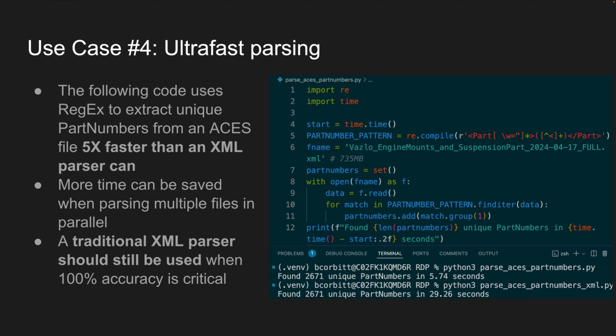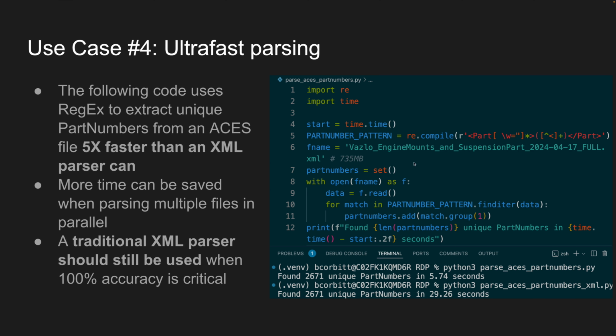In that situation, if there's a part number tag, the regular expression will still count it as a part number used, but an XML parser would recognize that's a comment and not count it. In this situation, there was no scenario where a part number was counted when it shouldn't have been. So it's no real concern here, but it could happen.